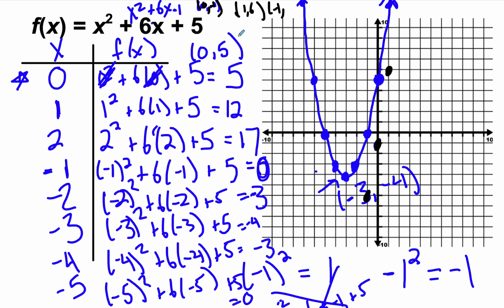Okay, then I plug in -2. So this is 4. 4 minus 12 is -8. Minus 1 is -9.